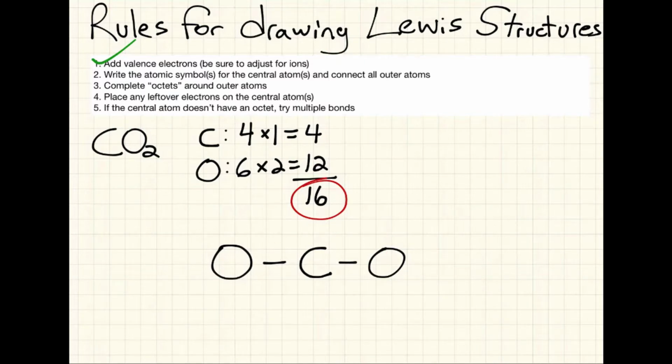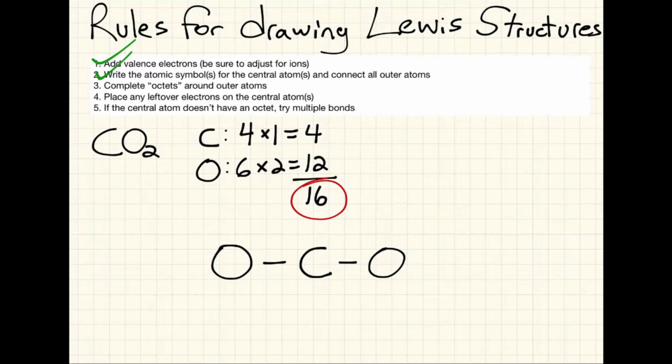I've just done that for symmetry. Had you written those oxygen atoms in some other place, so far that's actually fine. We'll discover some more robust rules a little later to help us clean these things up, but for now, this is perfectly valid. And that actually satisfies rule number 2.